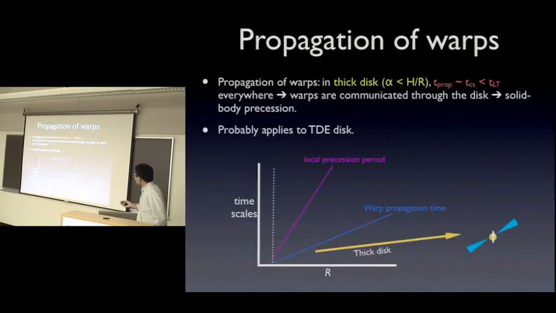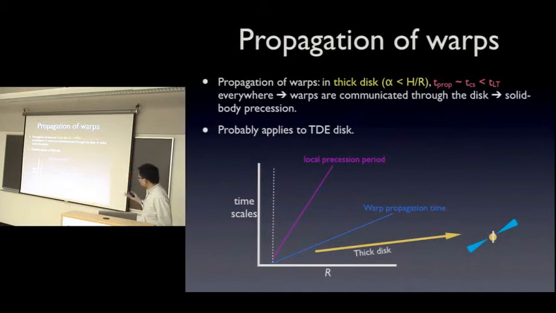So then the warp has a tendency to propagate outward through the entire disk. Then what matters is how fast this propagation of warps can be. In the specific case where the disk is very thick, the propagation speed of the warp is on the same order as the sound speed.